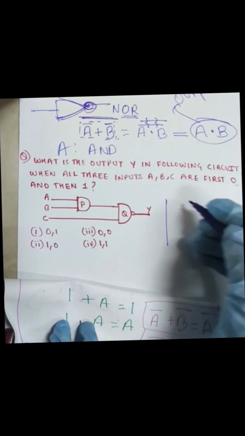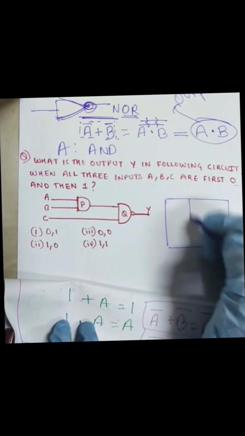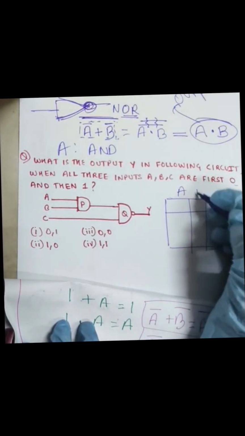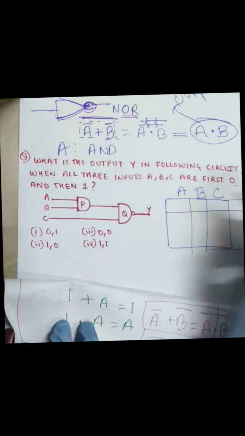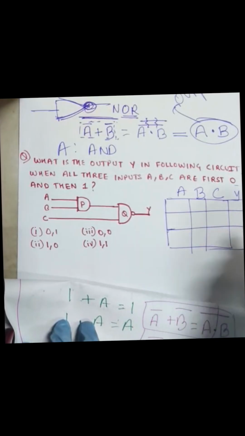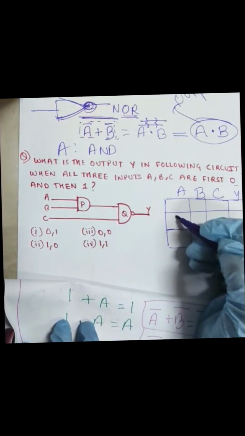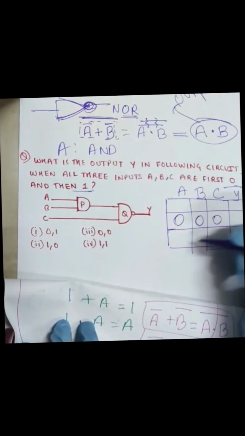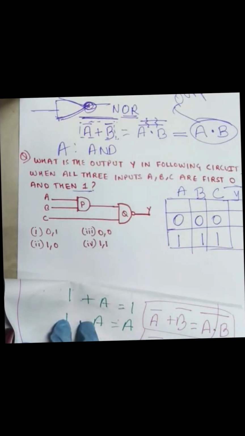So let's draw the truth table first. A, B, C, Y. Y is the output. We are just going to have two inputs, which are 0, 0, 0 and then 1, 1, 1.